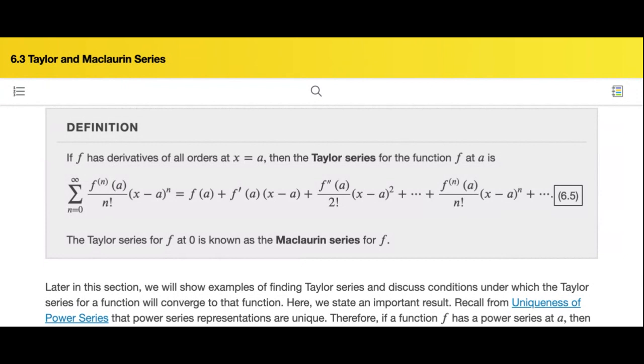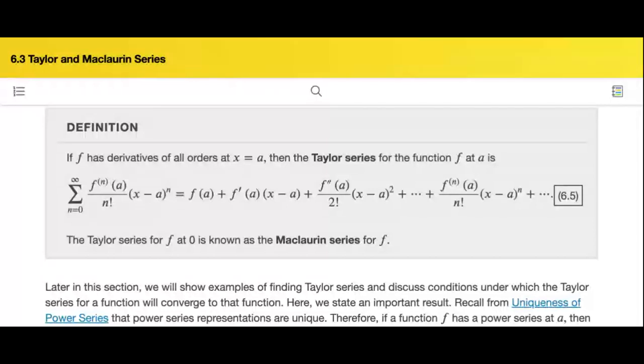So if f is a smooth function, then the Taylor series for the function f at a is this. It's the summation. Remember before we have c_n multiplied by (x minus a) raised to n.